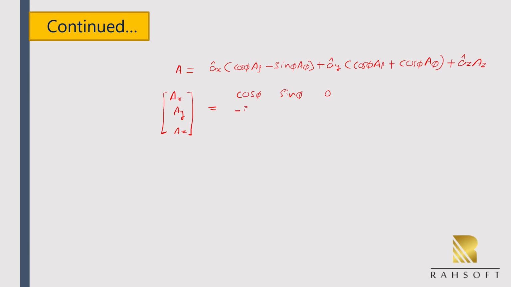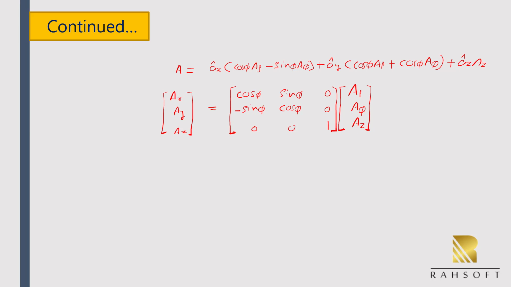This is minus sin phi, cos phi, 0, and 0 0 1. This is A_rho, this is A_phi, and this is A_z.